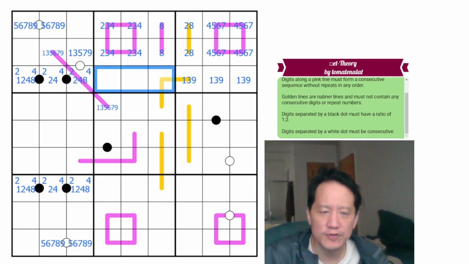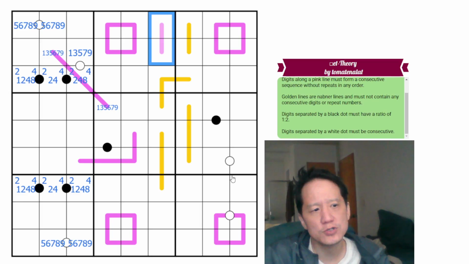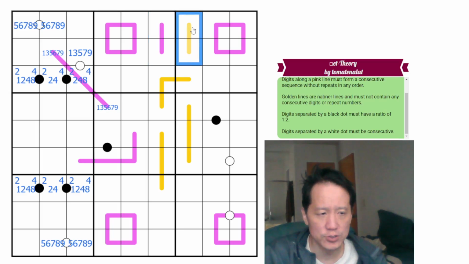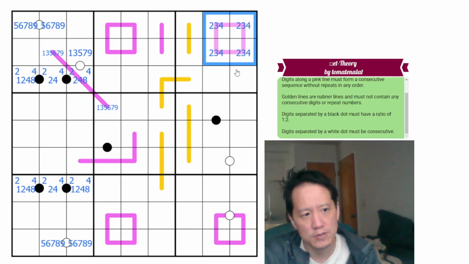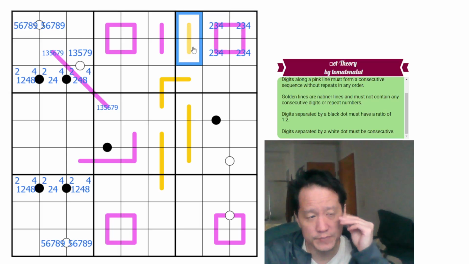Okay. Well, what if it's 1, 2, and 4? If it's 1, 2, and 4, well, here it cannot be 1 and 2 here. So 1 or 2 has to be here. So this 2 then, and you always have a 3 and a 4 with it. And it can be 2 through 5 or 1 through 2 and 4. I guess the 1 could be here.